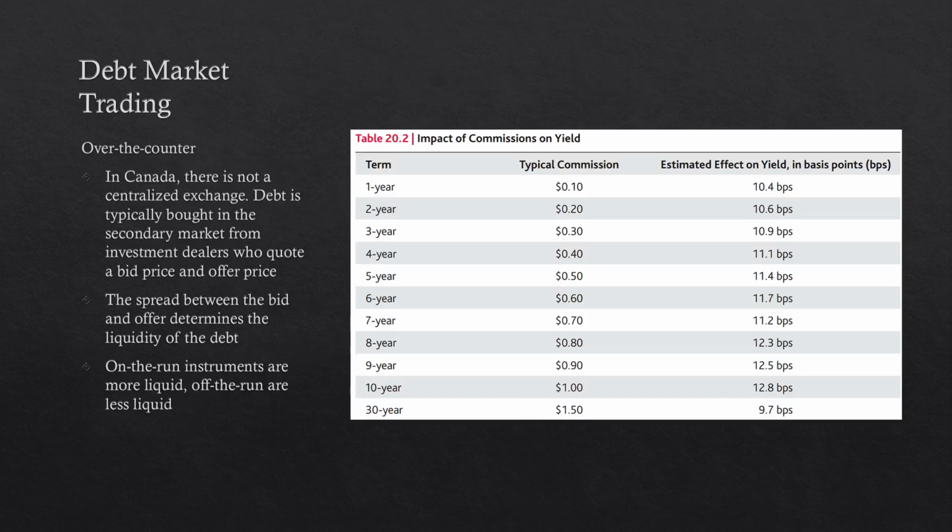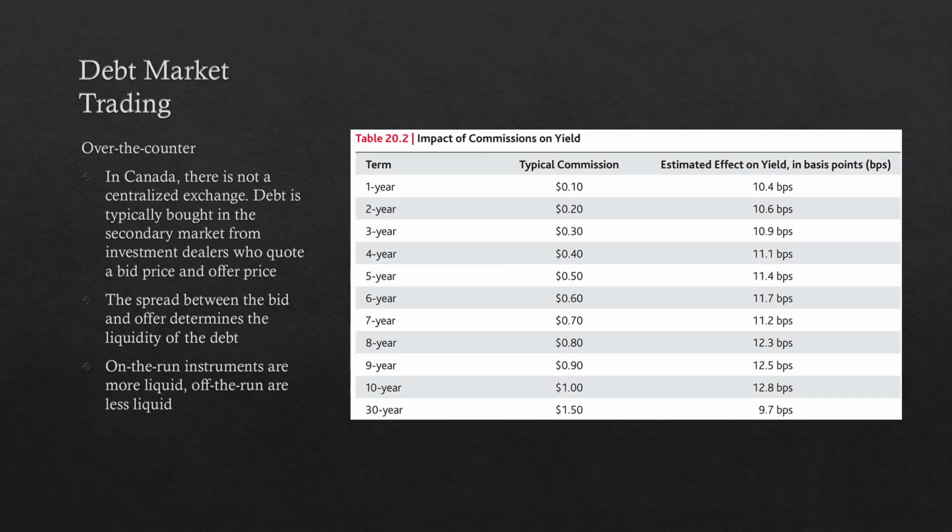Now, looking at debt market trading, you do have over-the-counter trading. In Canada, there is not a centralized exchange. Debt is typically bought in the secondary market from investment dealers who quote a bid price and an offer price. The spread between the bid and offer determines the liquidity of the debt, and on-the-run investments are more liquid, whereas off-the-run are less liquid.